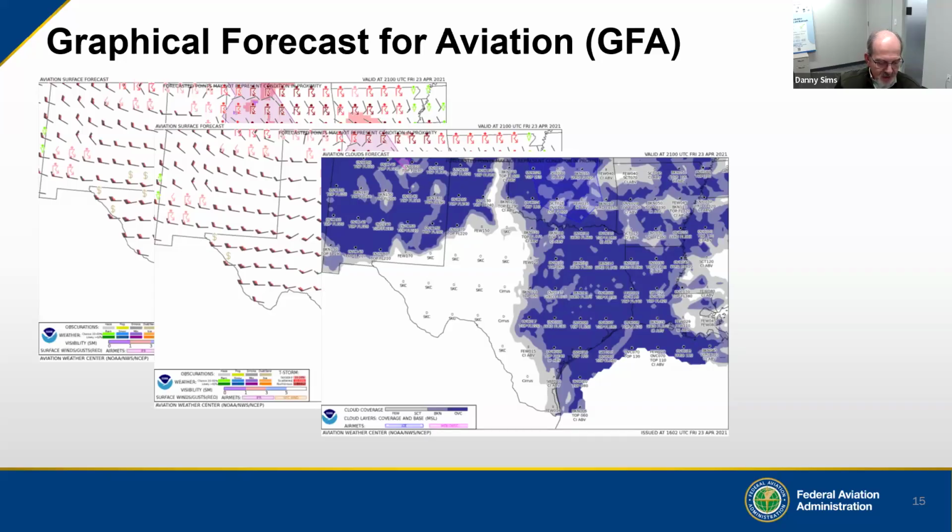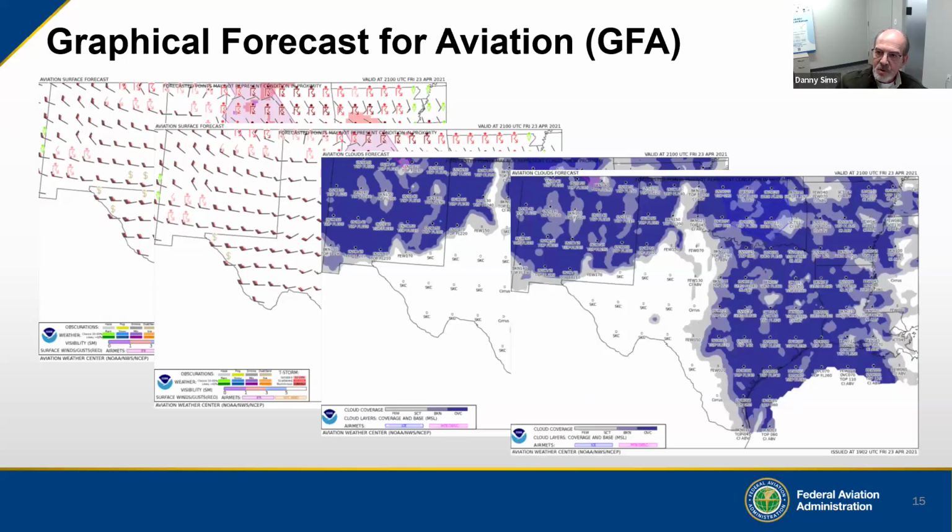What we see here is that the darkest color is overcast conditions, and we have broken to overcast over a large area of the flight route itself. The next forecast update, 3 hours later and valid for the same time, again shows conditions have not changed that much.